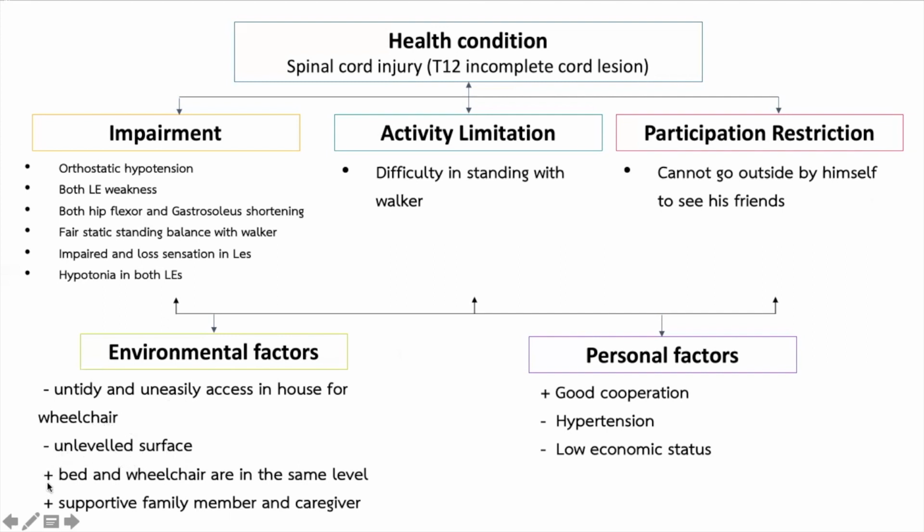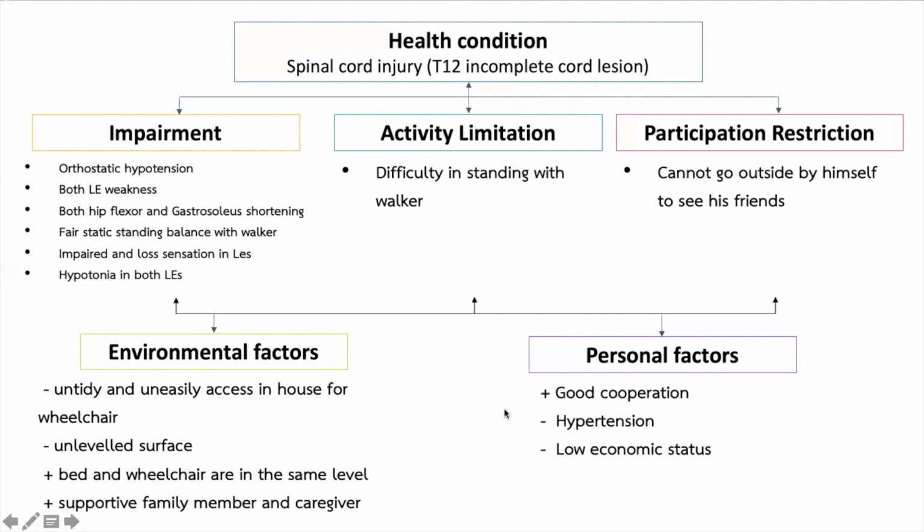For the facilitator, the bed and wheelchair are at the same level, and he has a supportive family member and caregiver. For the personal factor, he had very good cooperation. For the barrier, he also had hypertension, but it can be controlled by medication, and also low economic status.